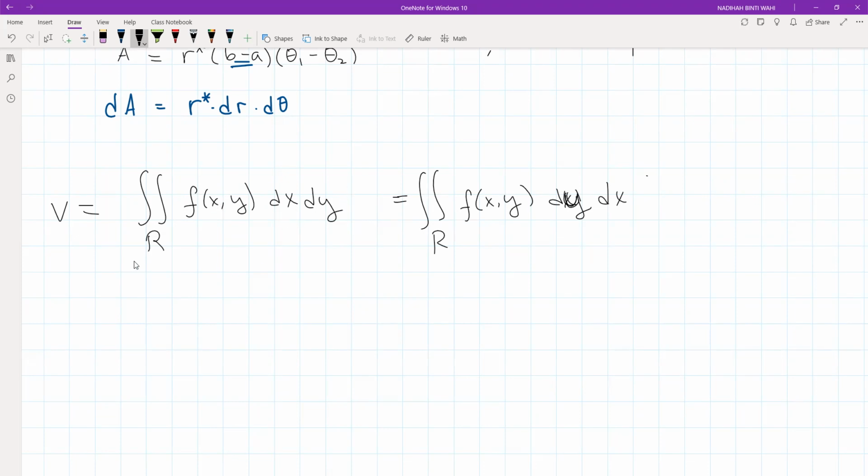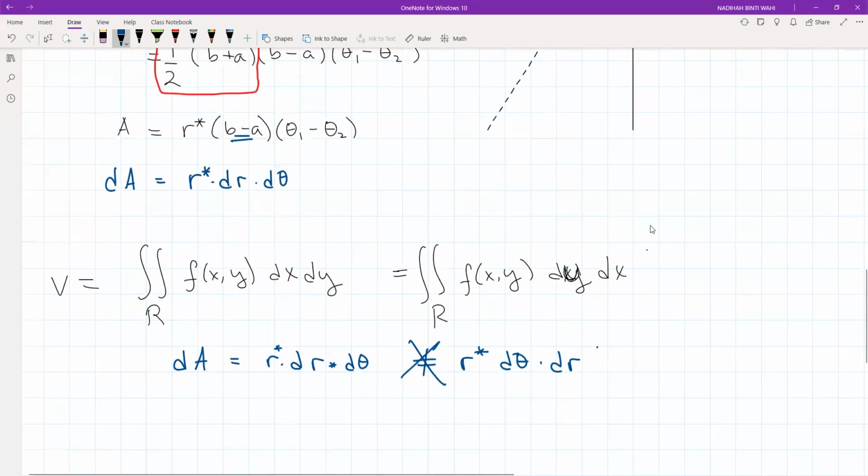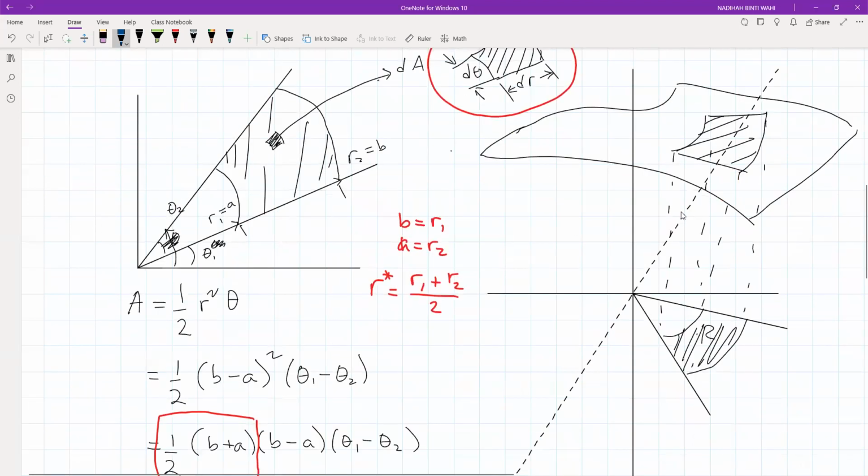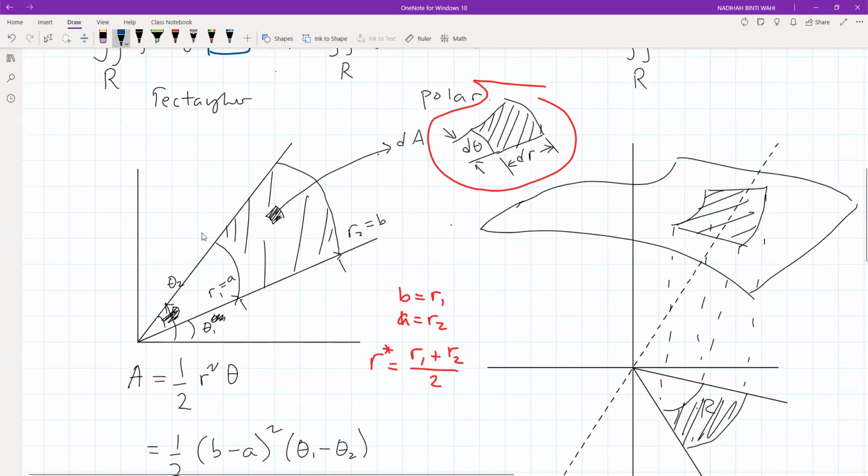Okay, sebab apa? In polar coordinate dA sama dengan r dr d theta, saya tak boleh buat r d theta dr. Sebab kalau awak tengok dekat original figure kat sini, kalau awak apply yang kita buat tadi, the angle dia akan always constant from where to where.